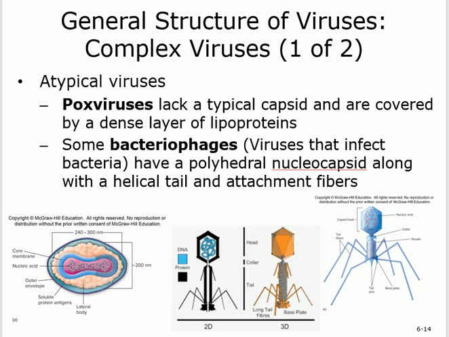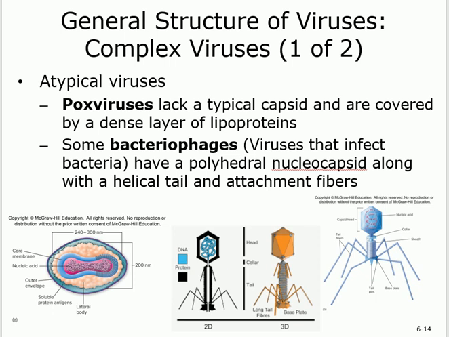So a typical virus is what we just talked about so far. Any typical virus on Earth will have the same thing: genetic material in the middle, DNA or RNA, surrounded by a protein capsid, plus or minus the envelope. You can have the envelope or not. We call that the typical virus.